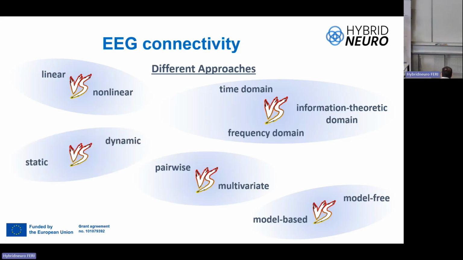Again, static and dynamic. It's clear that dynamic is much better. Static, for example in the correlation, the Pearson coefficient, gives only one value from two signals. But if you calculate the cross-correlation function, you have not only the Pearson coefficient, but also the information of the time lag dependency, for example. It's better if we have a dynamic approach.